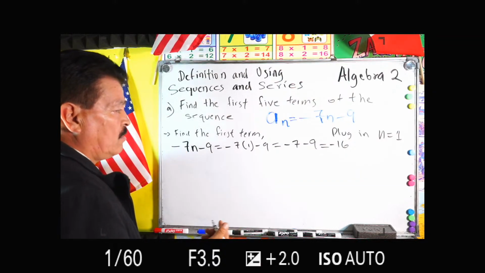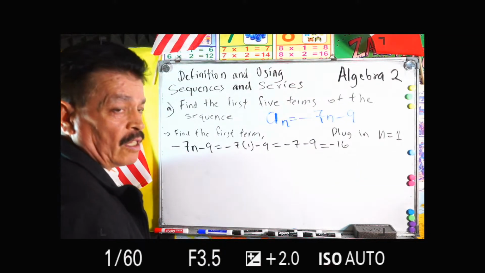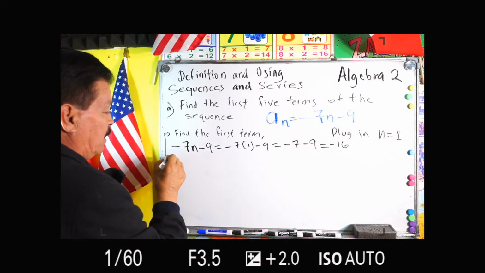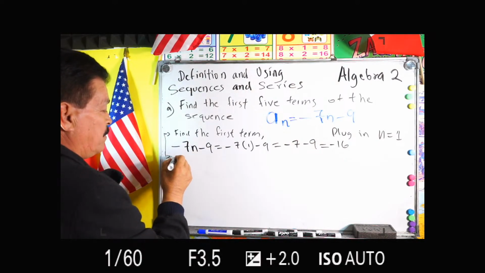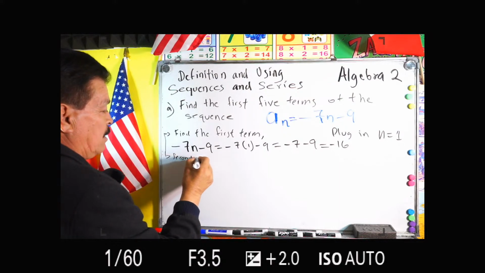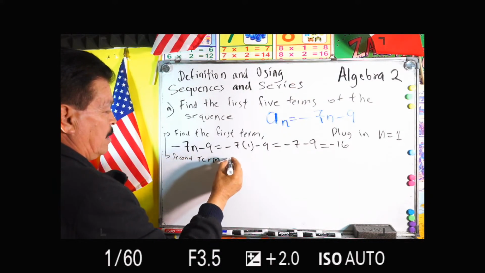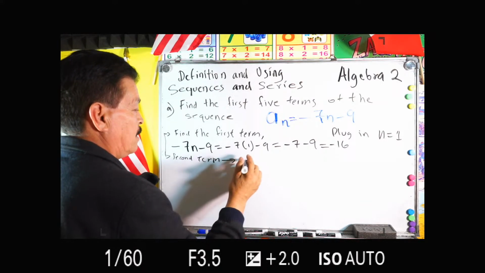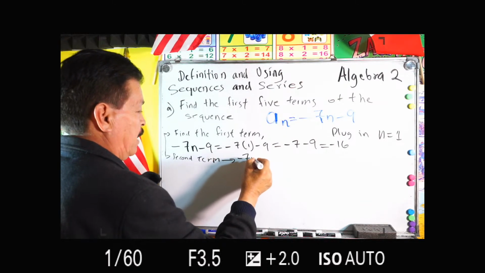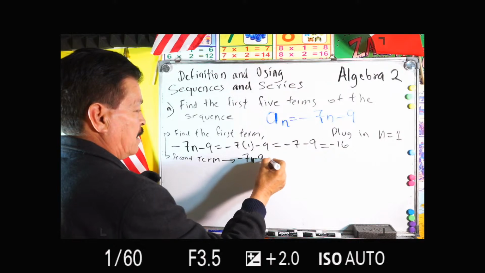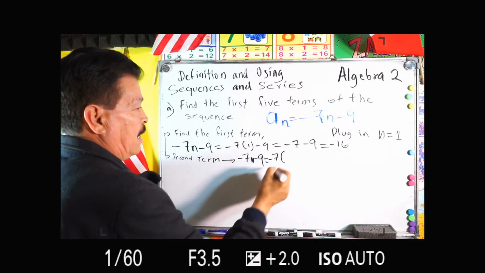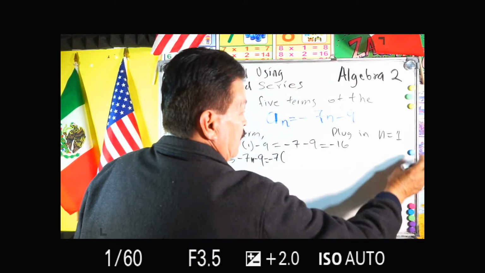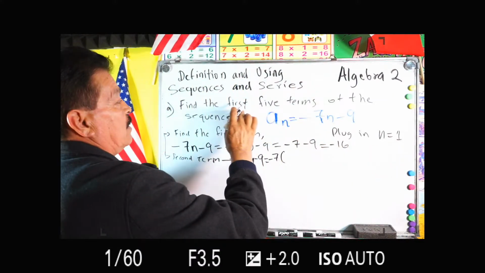The second term, just continue like this. So here is going to be the second term. Let's write negative 7n minus 9 equals negative 7. The second one, just give it a number. We have to find the first 5 terms.